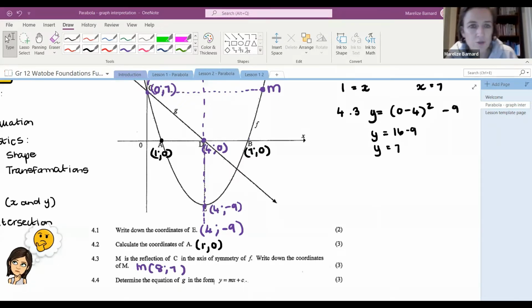I've given the coordinates of D, I've given the coordinates of C, and we need the gradient, but we've got 2 points, so we can calculate the gradient. What is the equation of the straight line, y equals mx plus c, for this graph?